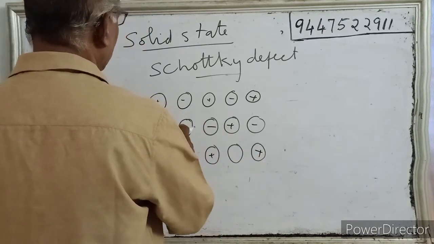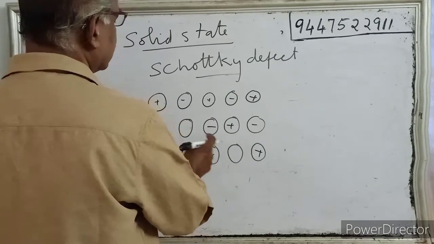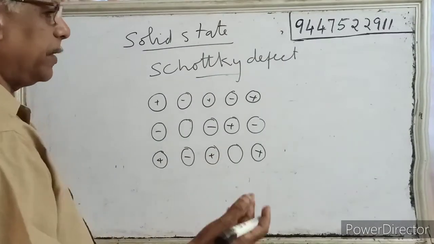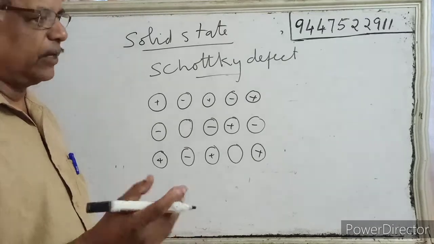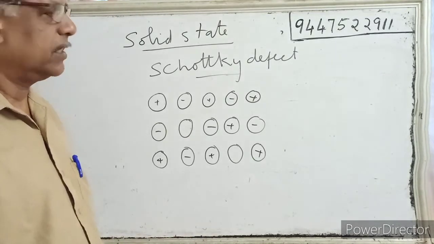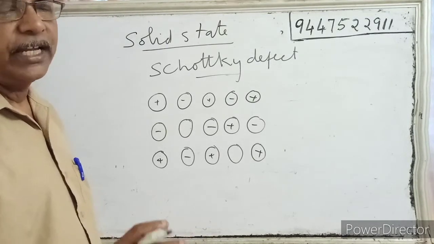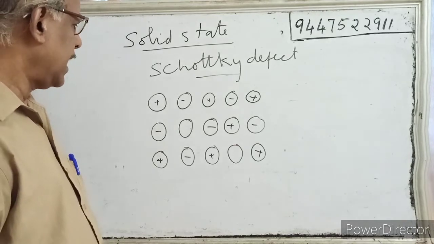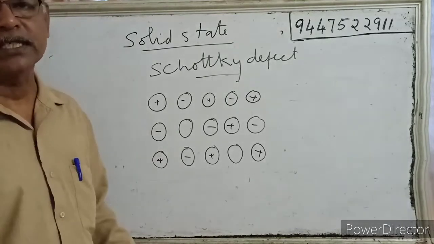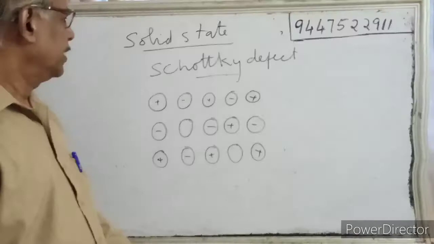So here one positive charge and one negative charge is missing. Similarly, how many positive charges are missing, will be equal to the missing of negative charges. That is Schottky defect.